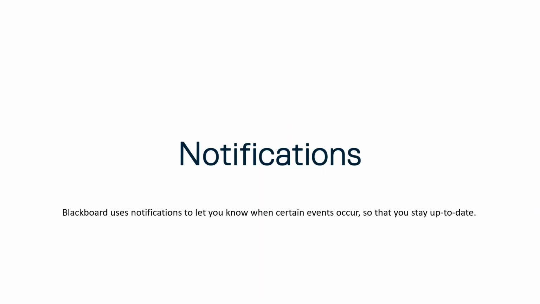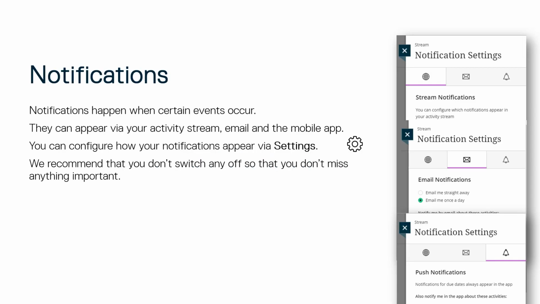Notifications let you know when certain events occur so that you stay up to date. For example, new announcements and messages, when assignments are available, when they're due or overdue, and when your marks are available.